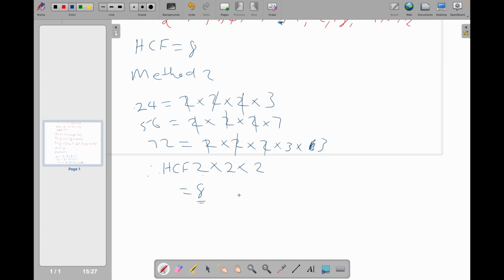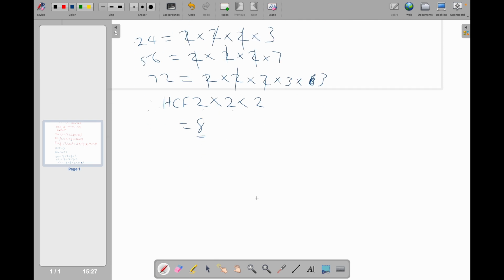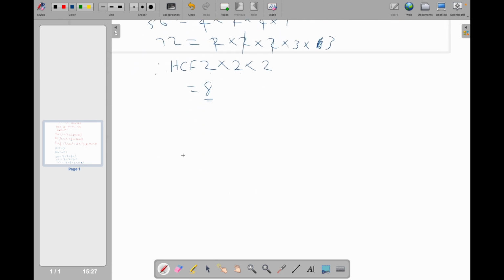Okay, and then method number 3. So method number 3, like before, we say 24, 56, and 72. So first we use 2, and with 2 we get 12, 28, and 36.